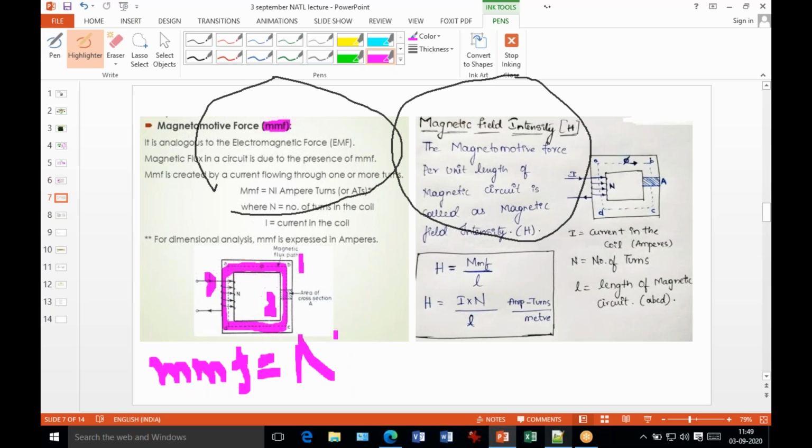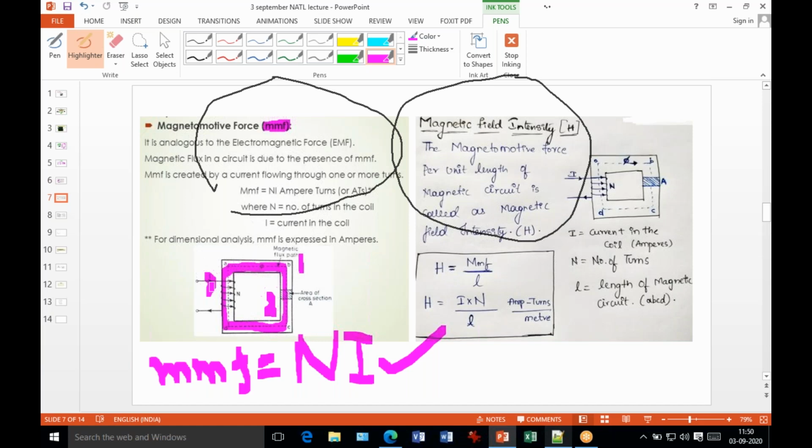Suppose the number of turns is capital N, and the current in your circuit has some value, maybe 1 ampere or 2 ampere. MMF is defined by this formula, N into I. First you calculate how many turns are in your magnetic circuit and what the current is. Then you multiply these two terms, N multiplied by I. That is known as MMF, magnetomotive force.